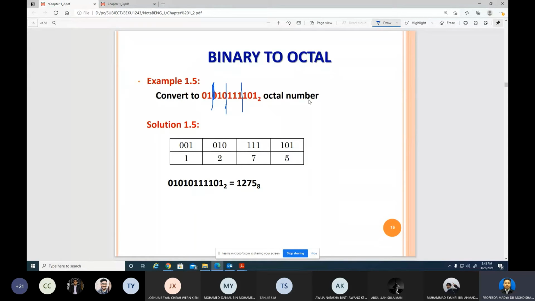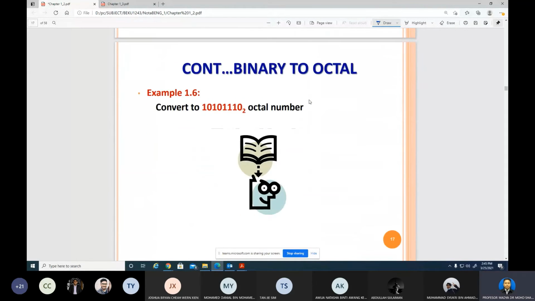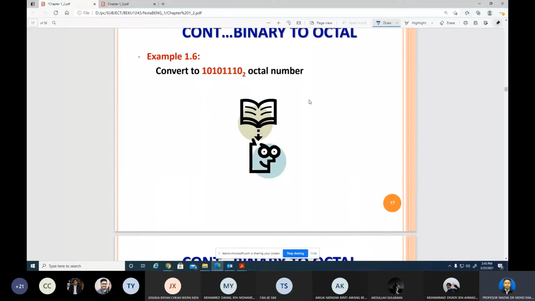This is how to convert from binary to octal using the manual method. We split by group, and for octal one group is 3 bits. You can try this example.